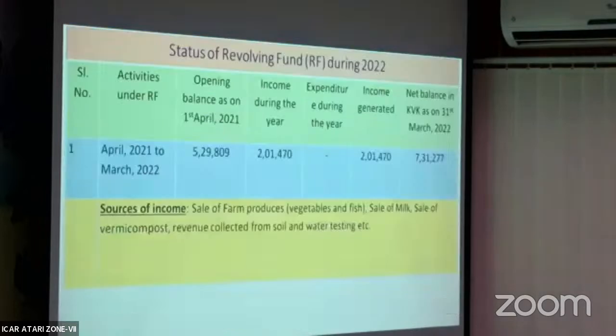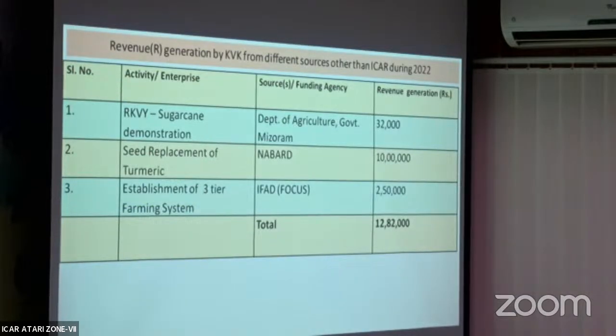So the status of the revolving fund during the year: we found more than 2 lakhs coming from the sales of farm produce, sale of compost, revenue collected from soil and water testing. These are the revenues generated by the different sources, other ICAR partners, and IFA.